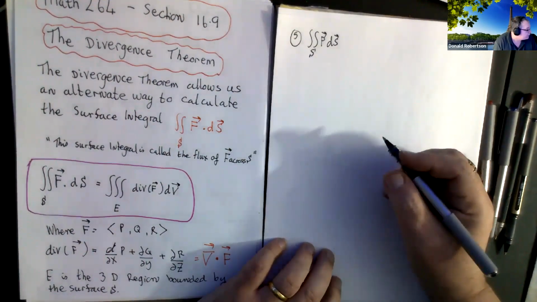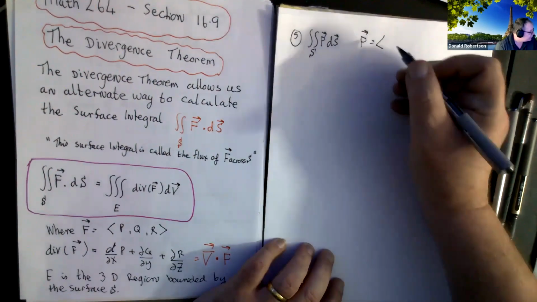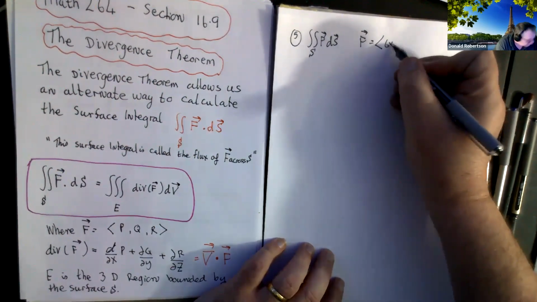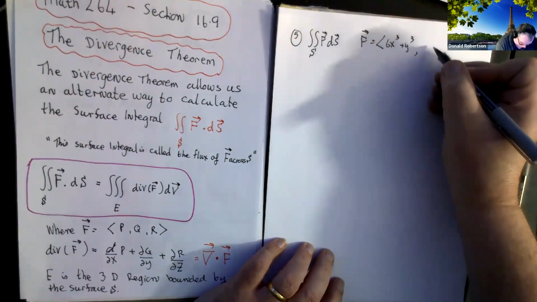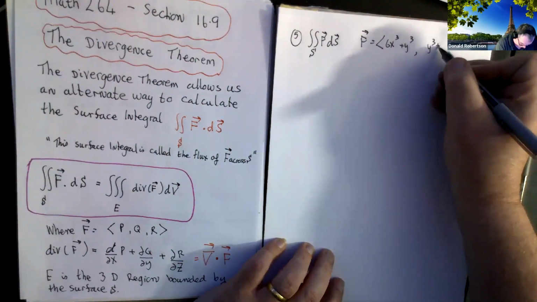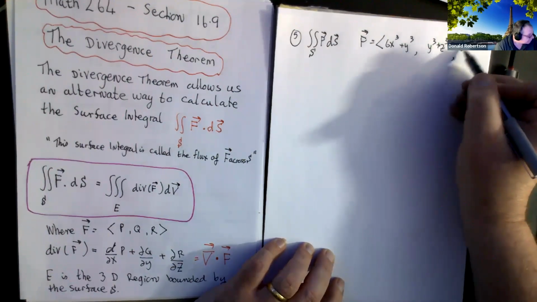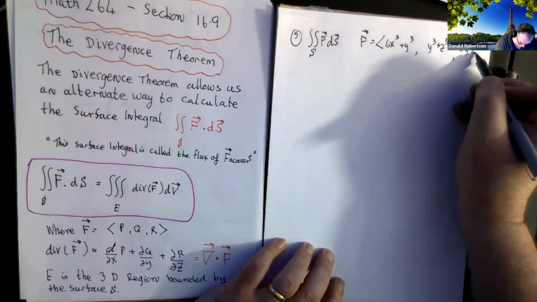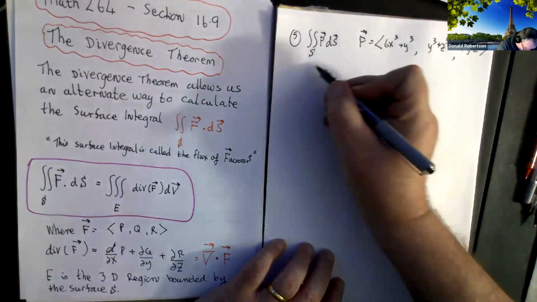And this time we are told that the vector field F is basically various powers of x, y, and z. Nothing too surprising there.